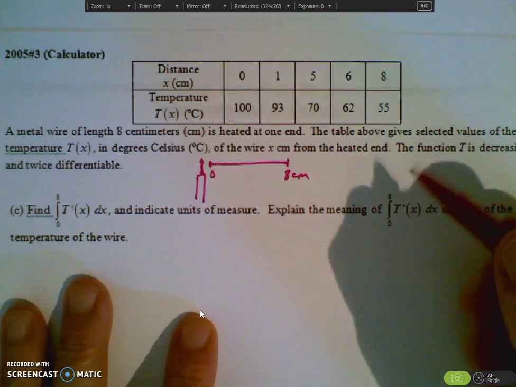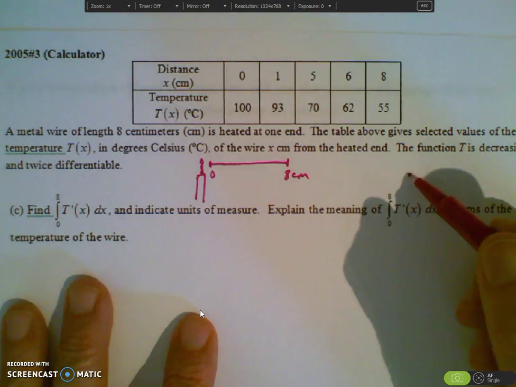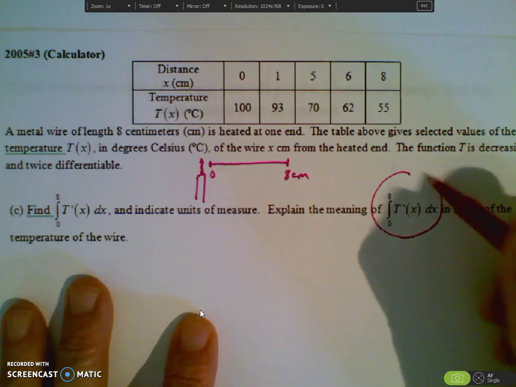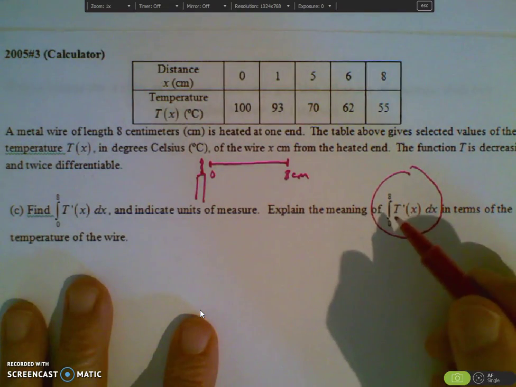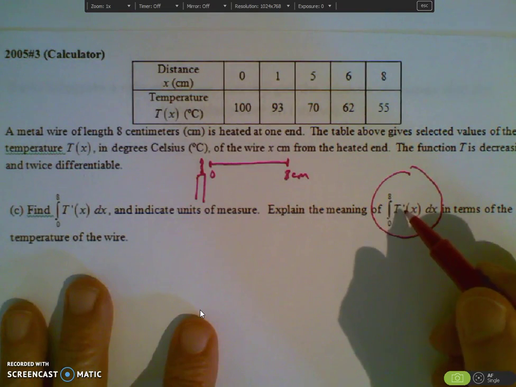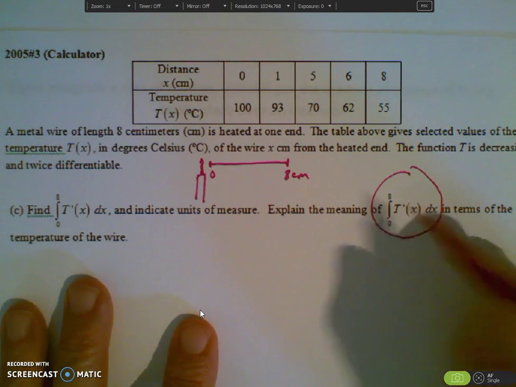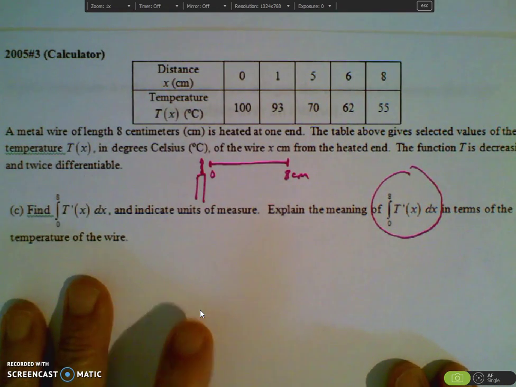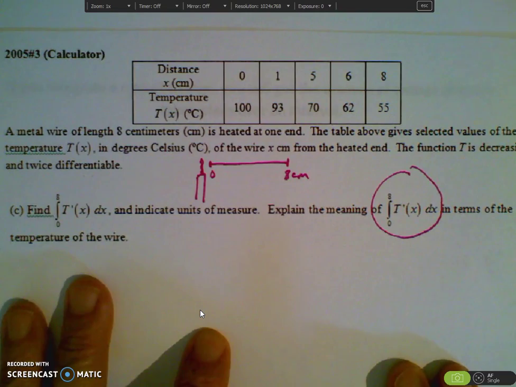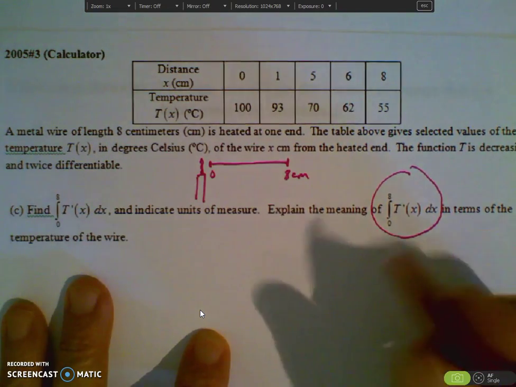The part that I'm most interested in is where they ask us to explain the meaning of this definite integral in terms of the temperature of the wire. A lot of people, when they see that we're integrating T prime, know that the integral and the derivative will cancel each other out, and they'll try to say that this integral represents the temperature of the wire, but that would be incorrect. This integral represents the change in the temperature of the wire between the two ends of the wire.